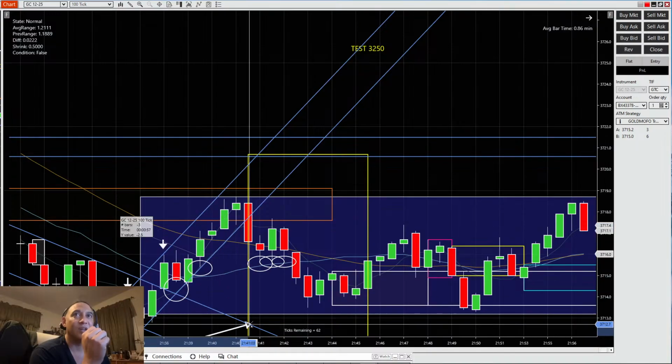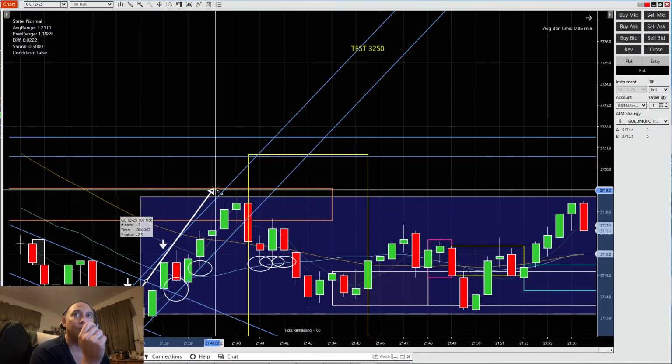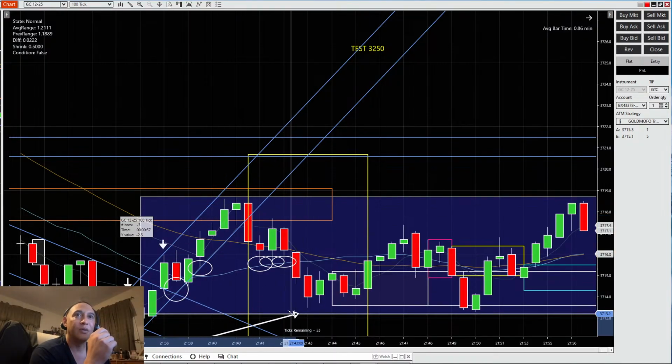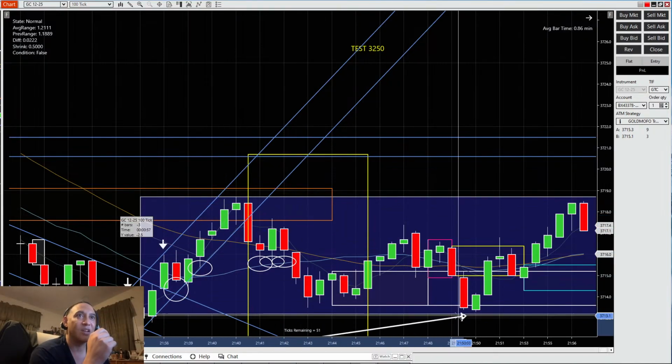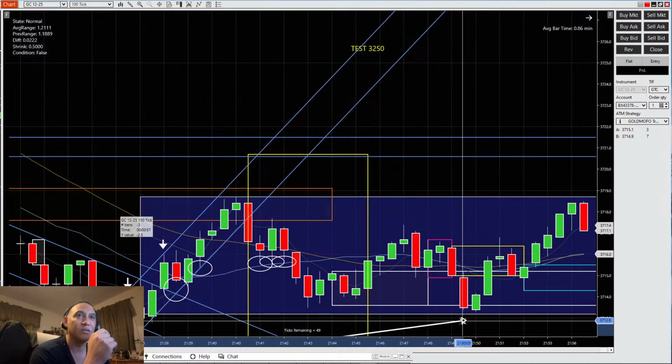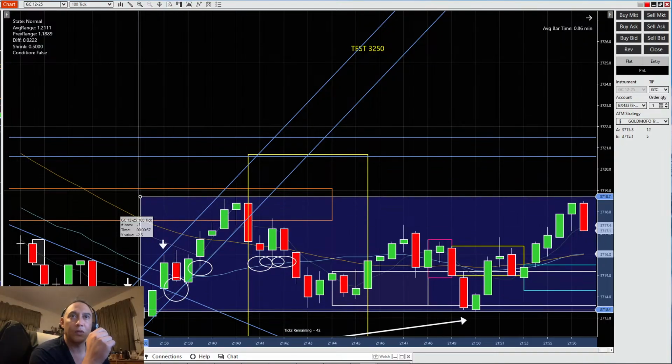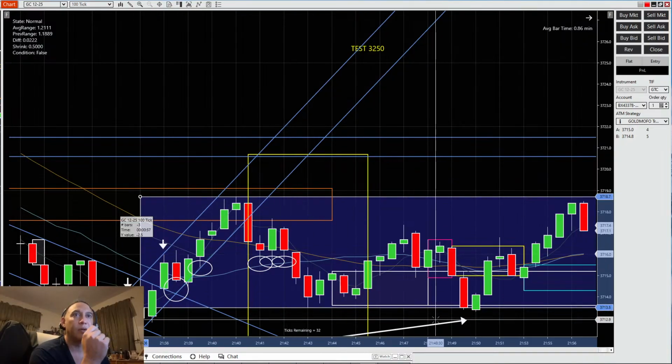Now, if you get inside of a range, what you do is you want to frame the high right here, frame the low, which was here, but then it came down and did another low right here. So technically that's your low there.